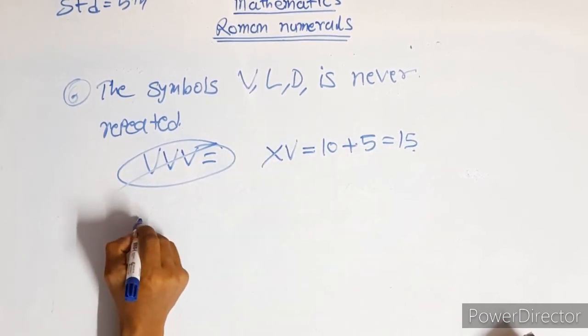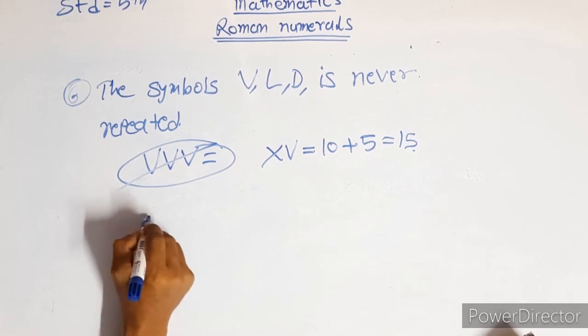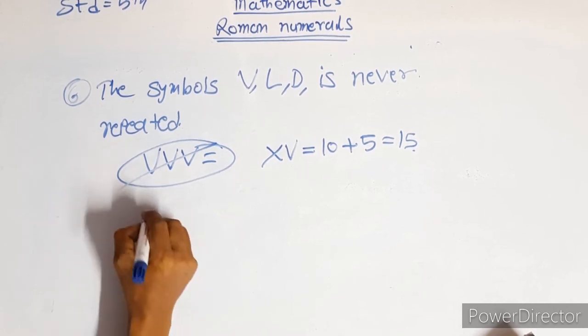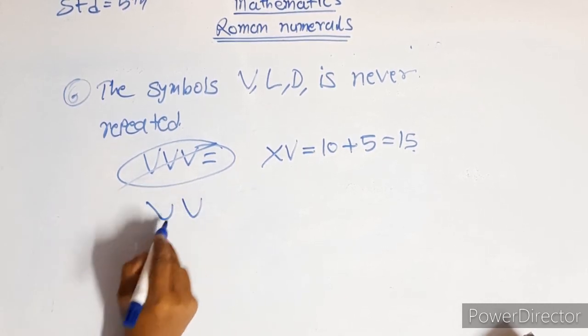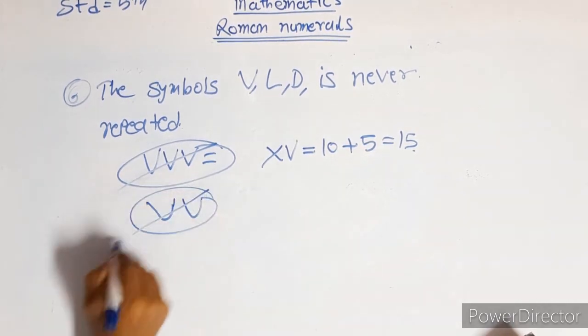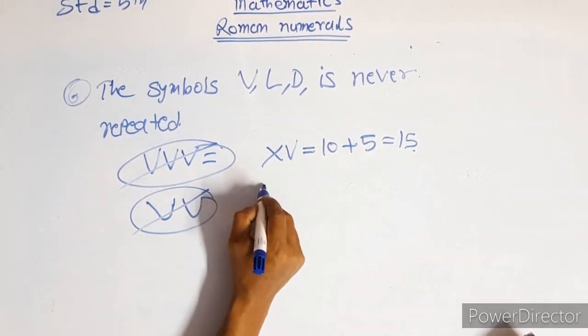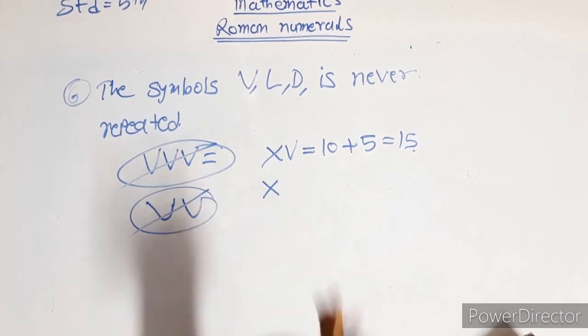Now if we write 10, at that time we cannot use V and V. It is wrong. We use X. Do you understand?